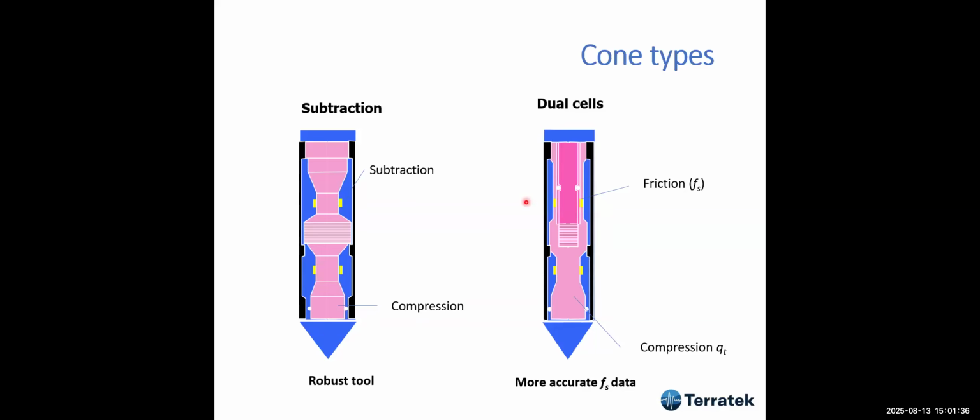On the other hand, we have a dual cell cone with separate cells, where the tip is totally separate from the sleeve friction, which is here. This is more robust because this piece here is very robust. But the other is more accurate for the sleeve friction data.